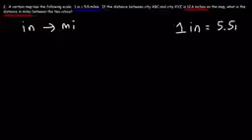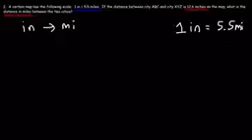So we want to go from inches to miles. But in order to get the right answer, we need to use the conversion factor that's given to us based on the scale that's on the map. So for this problem, not for other problems, 1 inch is equal to 5.5 miles.